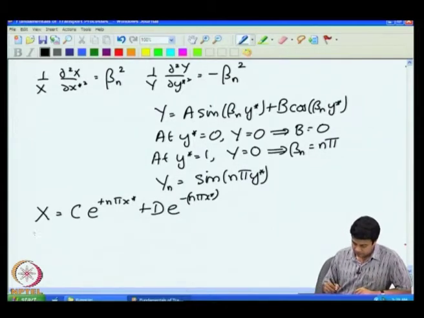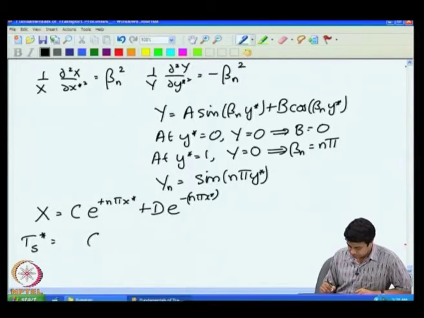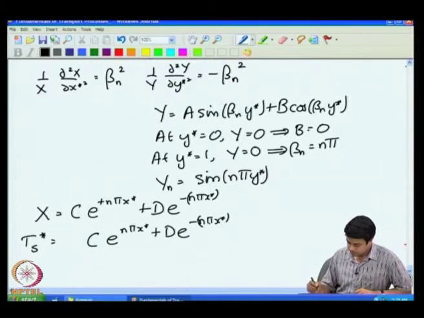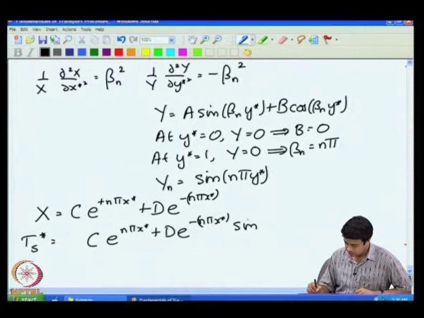And therefore, the steady solution T s star is equal to times sine of n pi y.